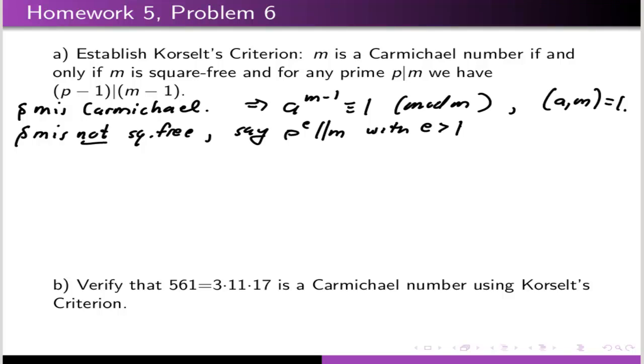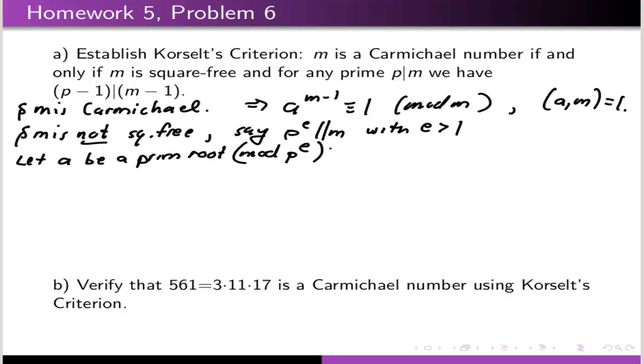And let's let a, so the assumption here is that this is holding for all values of a. So I can choose a to be anything convenient. I'm going to let a be a primitive root mod p to the e.